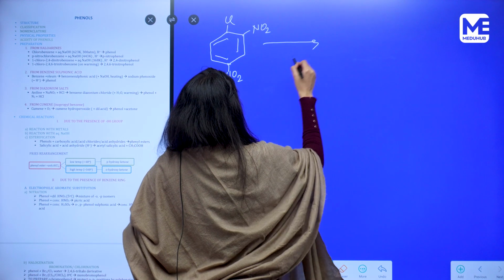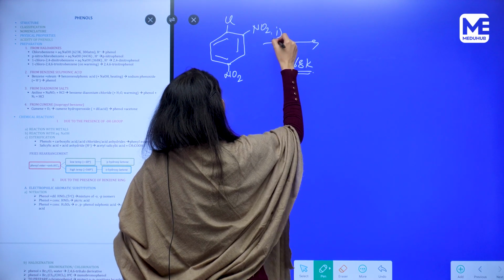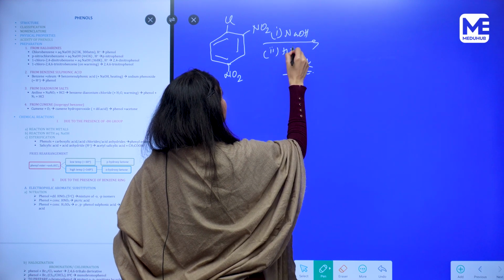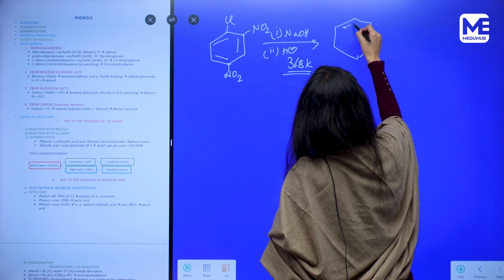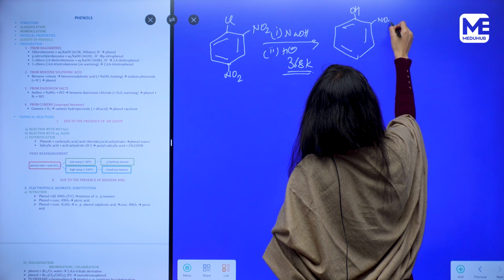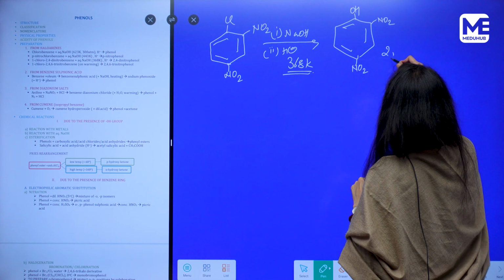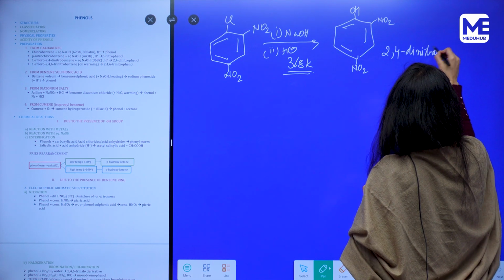Only 368 Kelvin temperature is required. First we use NaOH, second we do acidification, and we will get the product. NO2, NO2. To name it, it will be 2,4-dinitrophenol.